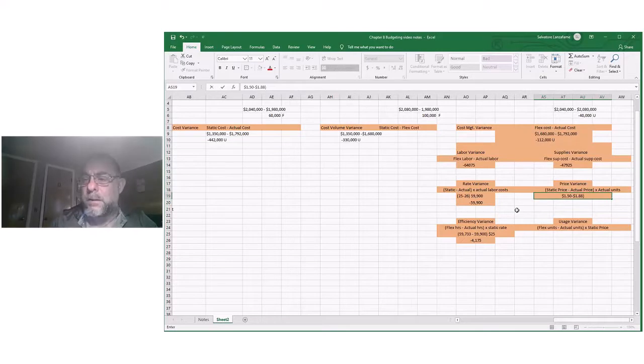Let me use parentheses. And multiplying that by the actual units, 124,800, gives $47,000, a little bit over 47,000 that we really weren't anticipating.